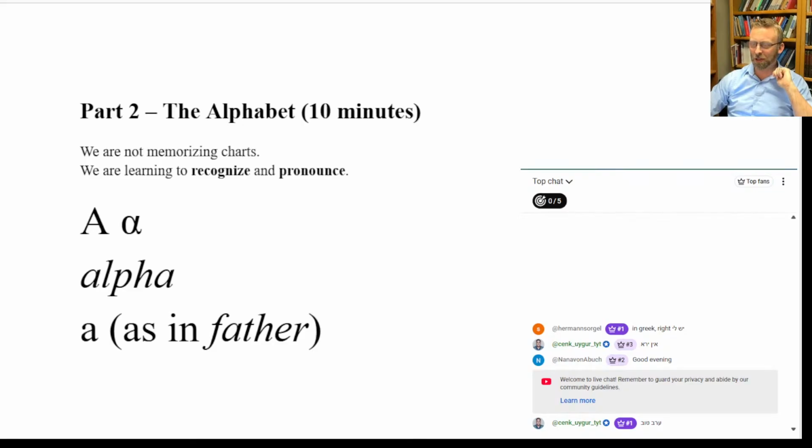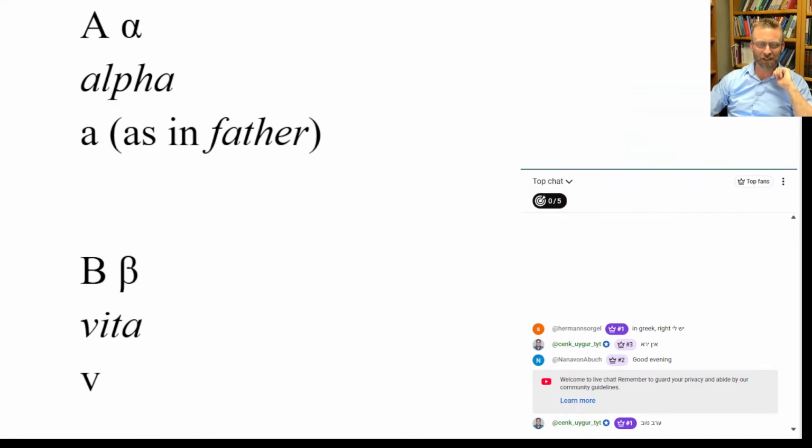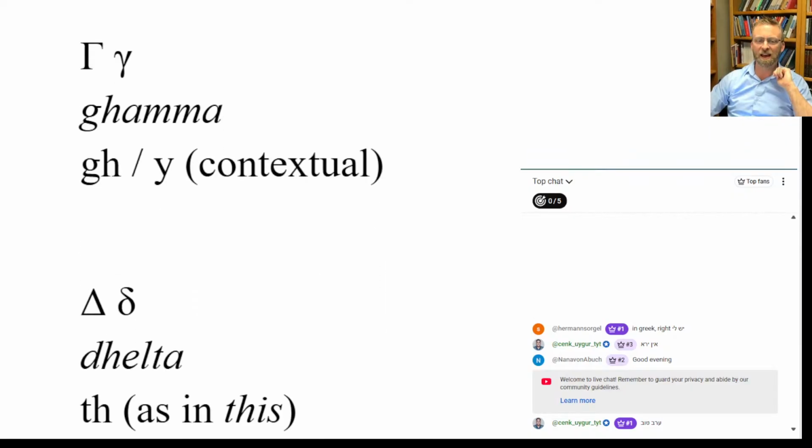A bunch of polyglots here, right? Alpha, Vita, Gamma, make that gargling sound, right? Velta. Okay, by the way, I should pause since I know all of you that are watching are on the Hebrew broadcast as well.